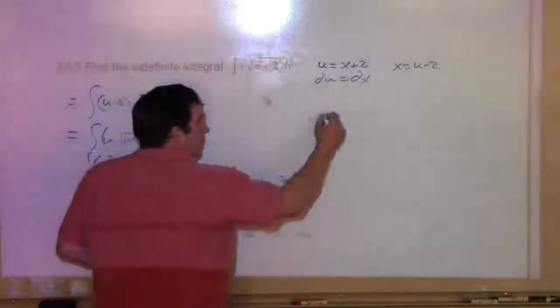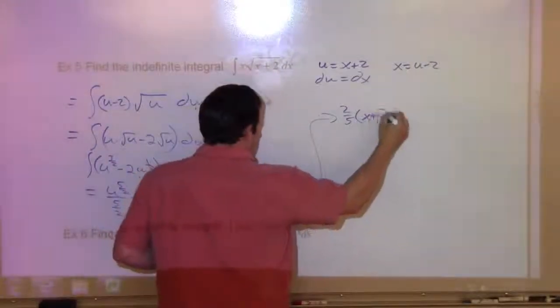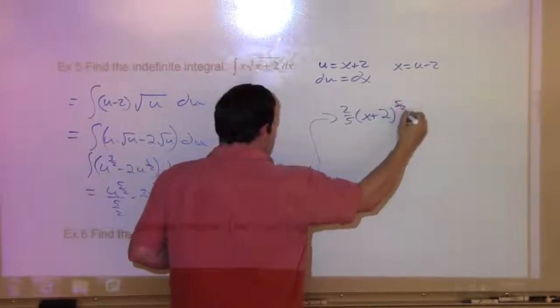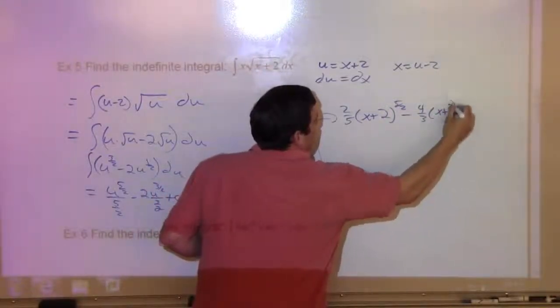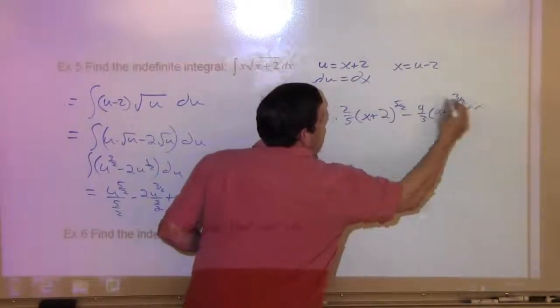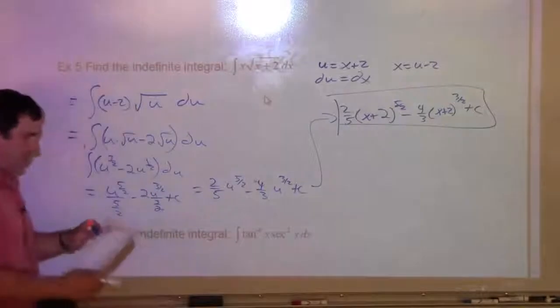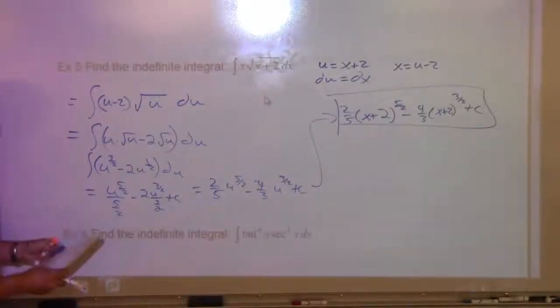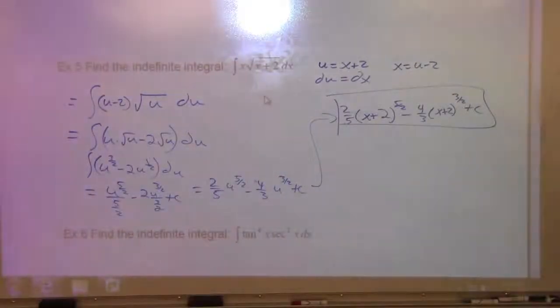And that's going to give us 2/5 times x plus 2 to the 5/2 minus 4/3 times x plus 2 to the 3/2 plus c. There we go. That was fun. You can probably tell I get a little excited about these.